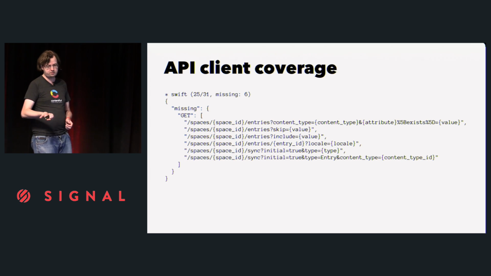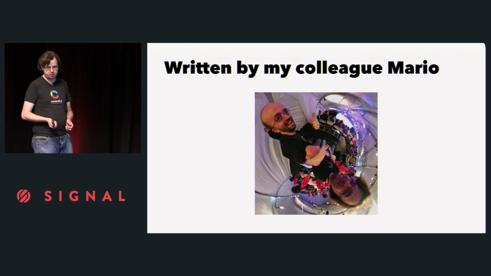So this is, for example, the output for the Swift SDK, where apparently some things are not called in the test suite. And using this, we can make sure that actually everything is implemented in the API client as we go forward. So if the API blueprint, for example, changes, the backend team implements something new, we will see this in the API client coverage.